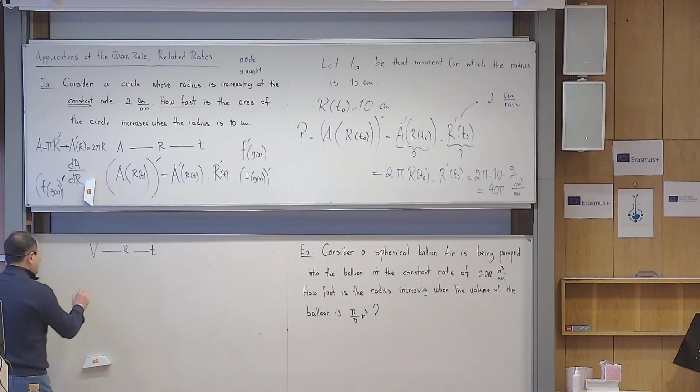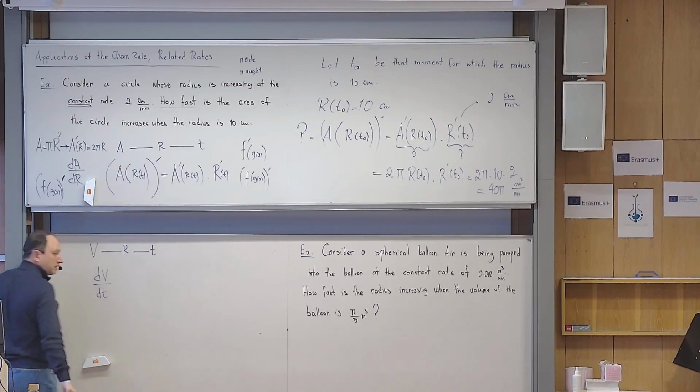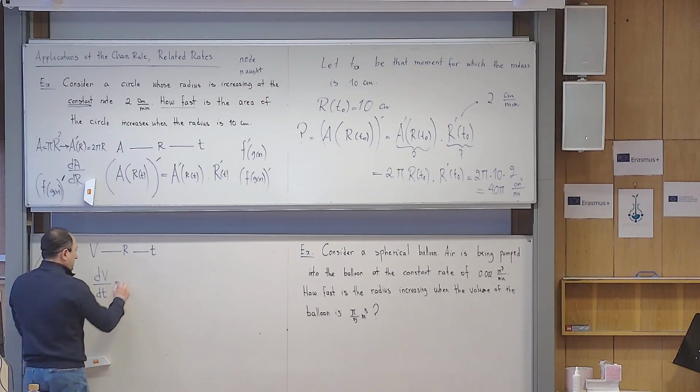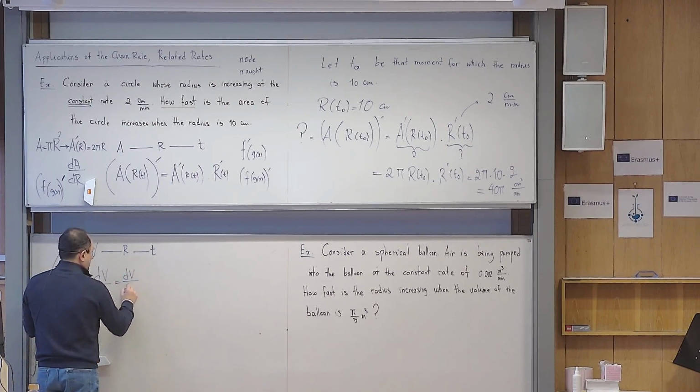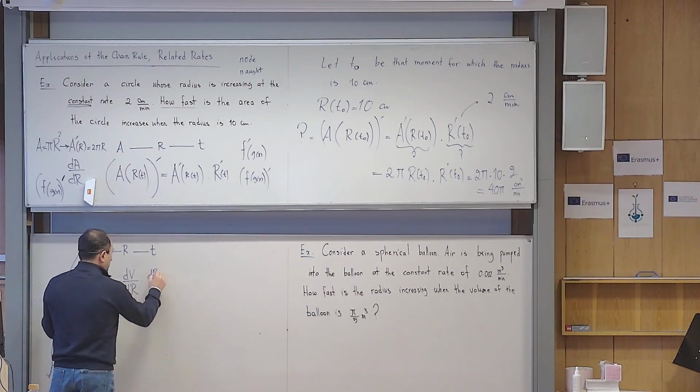Then immediately I can talk about how fast V is changing. How fast means the derivative of this quantity with respect to T. According to the chain rule, this can be written as the derivative of V with respect to the intermediate variable R, multiplied by the derivative of the intermediate variable with respect to the last one.